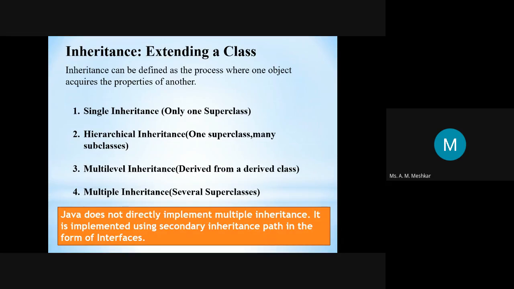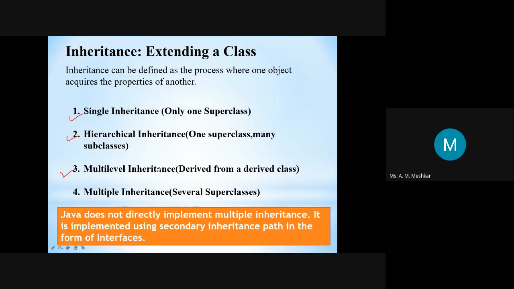So in Java also we have some types of inheritance. Let us have a look at them. Single inheritance, where there will be only one superclass and one derived class. Hierarchical inheritance, where there will be one superclass and more than one subclass.